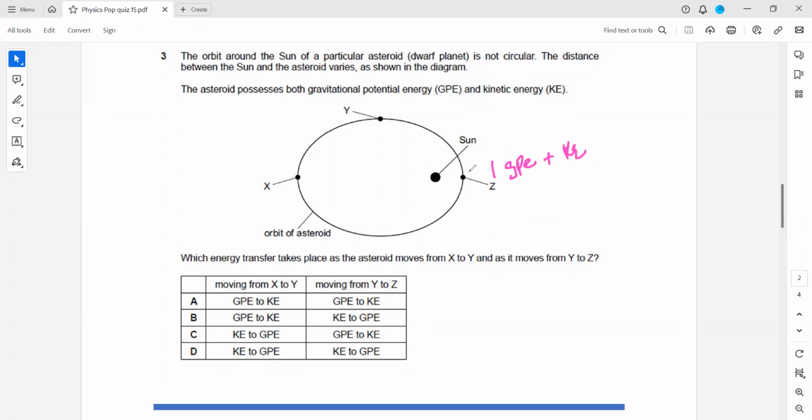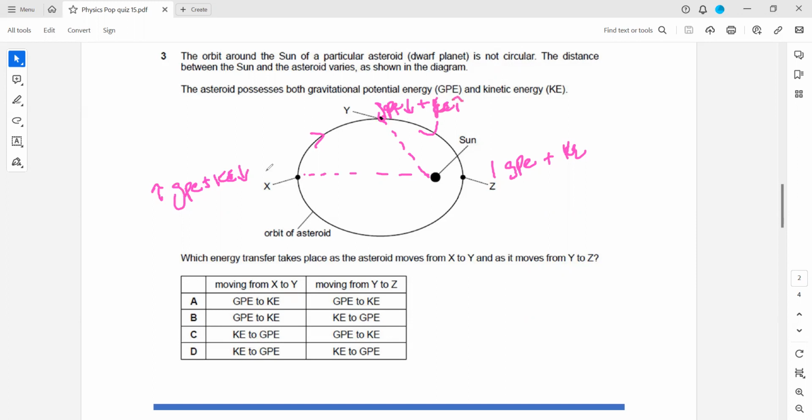We want to look at moving from X to Y and then Y to Z. So when you check point X, the GPE is maximum here and the KE is minimum. As it is moving towards Y, the distance is decreasing. If the distance from the Sun is decreasing, it means the GPE, the gravitational potential energy, is decreasing, and kinetic energy is increasing.